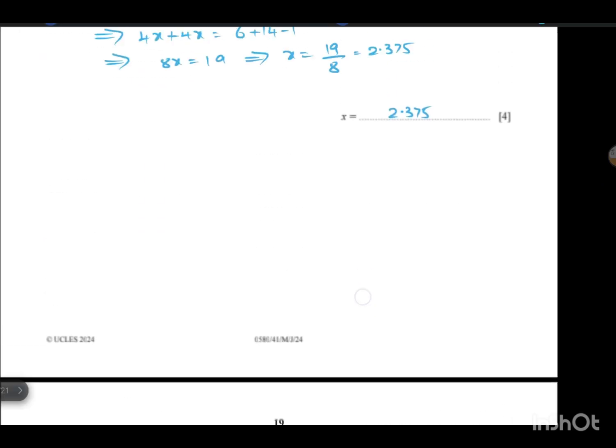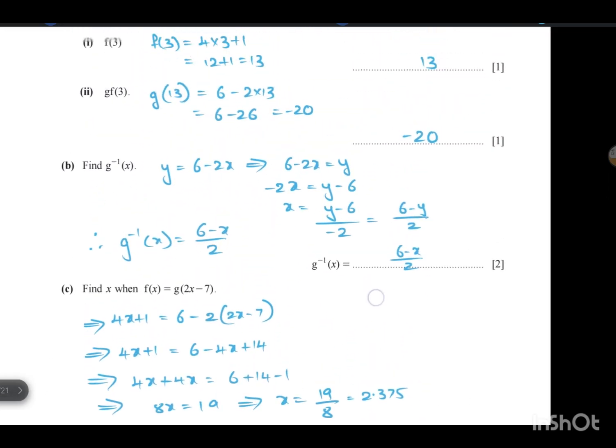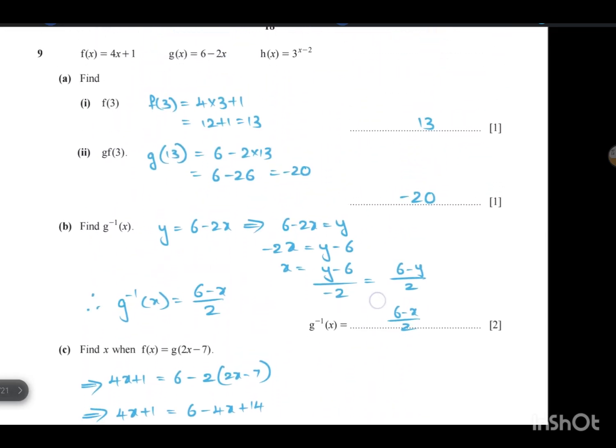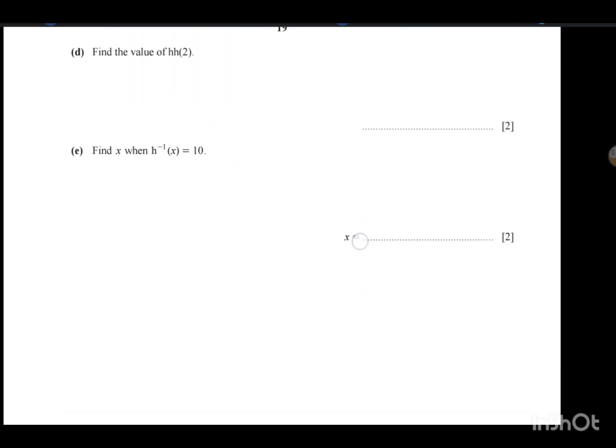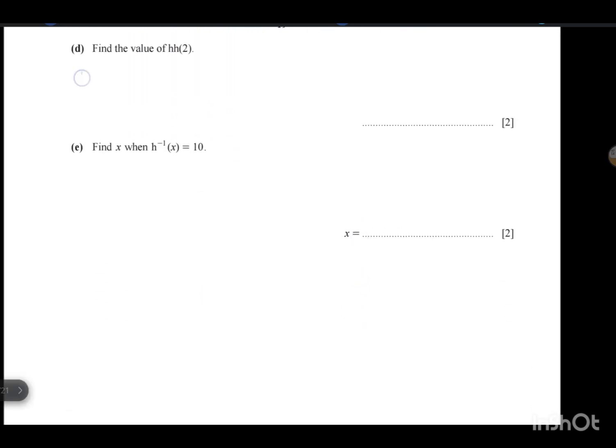So what is h of x given to us here? h of x is equal to 3 raised to x minus 2. So h of 2 will be 3 raised to 2 minus 2. That is 3 raised to 0, which is 1.